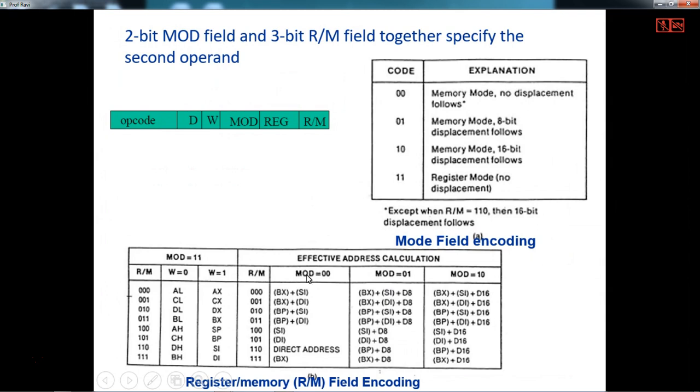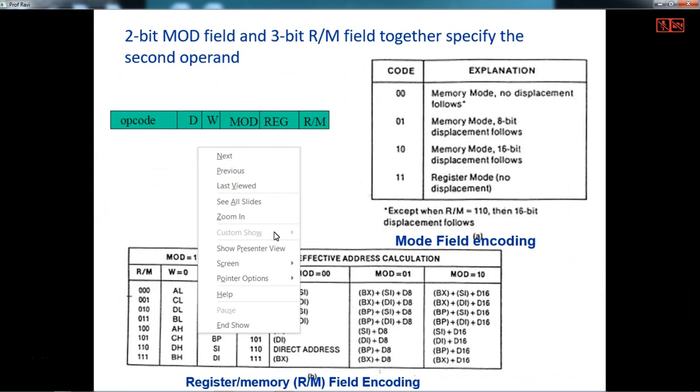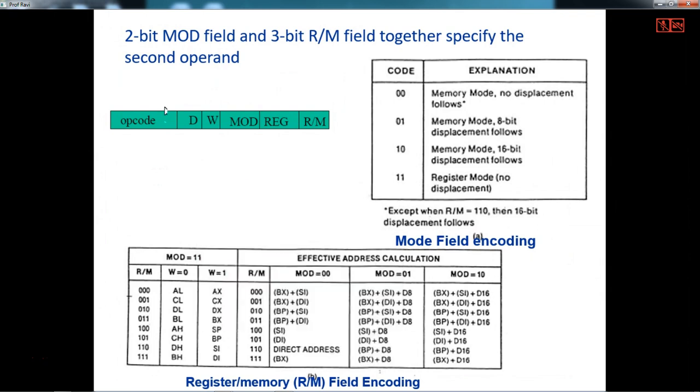You can use 00, or you can use 11 when it is a register. In this field you have the opcode, and D is the destination operand, 8-bit or 16-bit. Coming to the mod, the operand is specified by using a register or a register with some displacement.